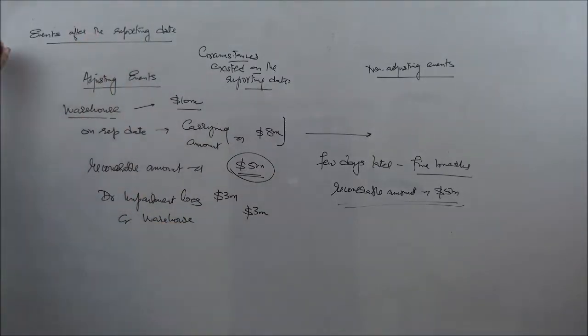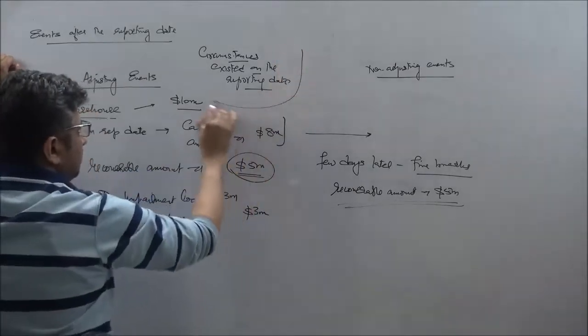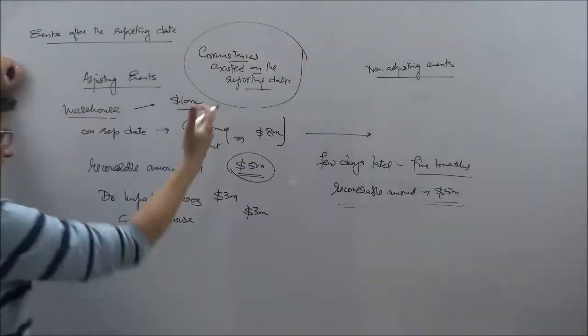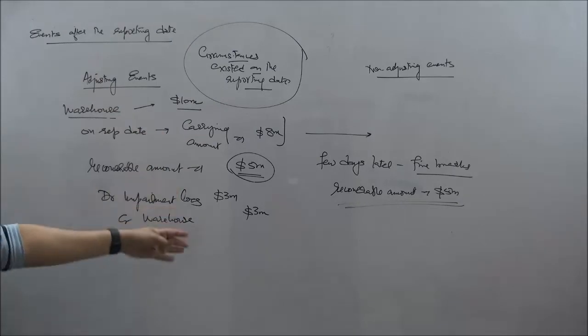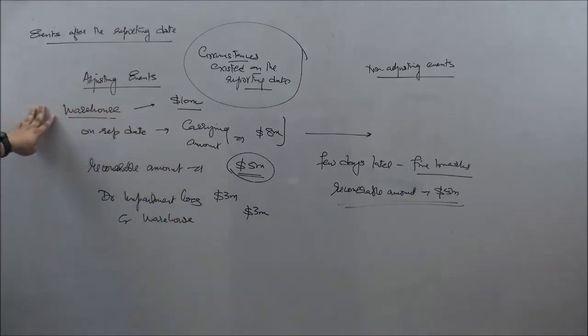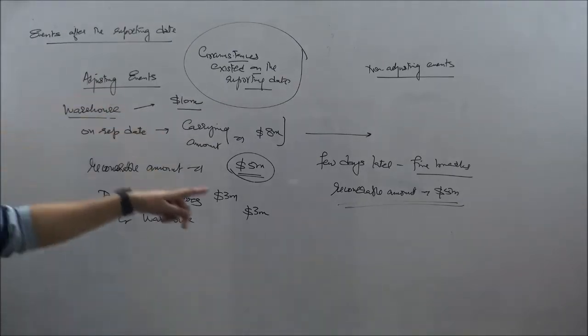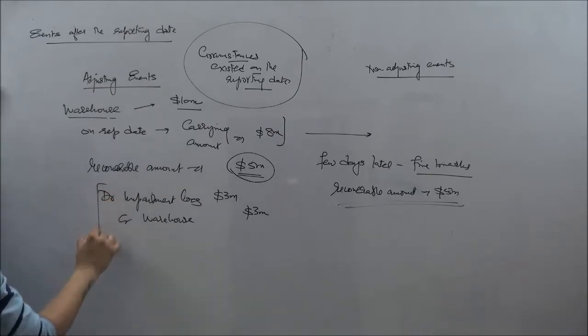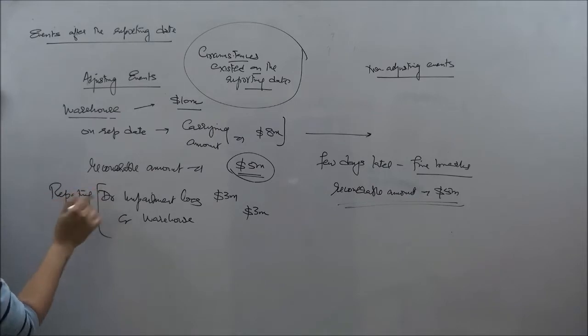However, in the first scenario, the circumstances existed that there is something inappropriate at that warehouse, and accordingly you go back. So this is during that reporting period. You're not making this adjustment after the balance sheet date or the reporting date.